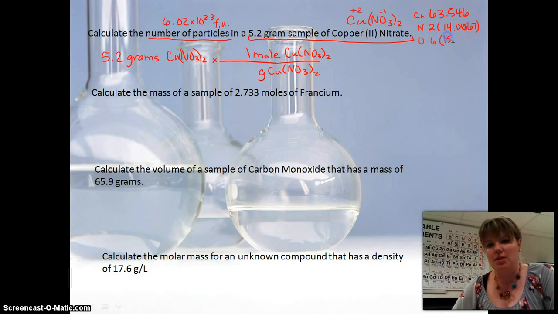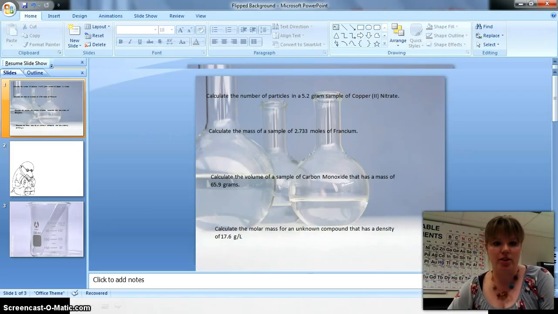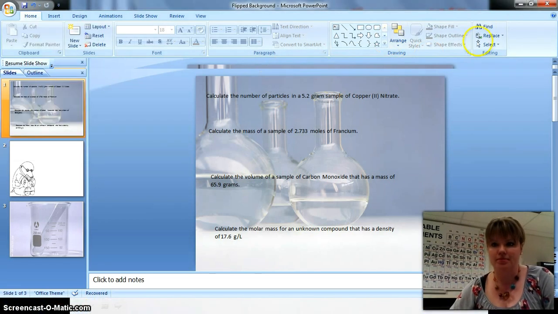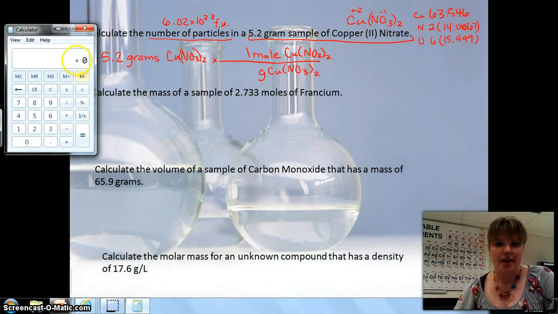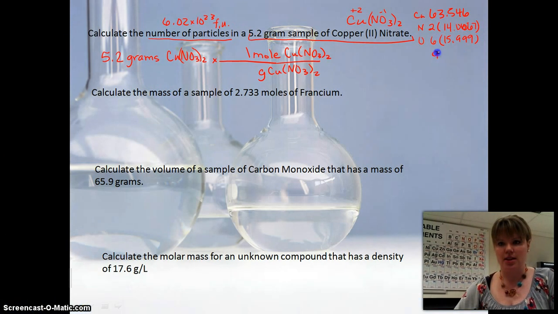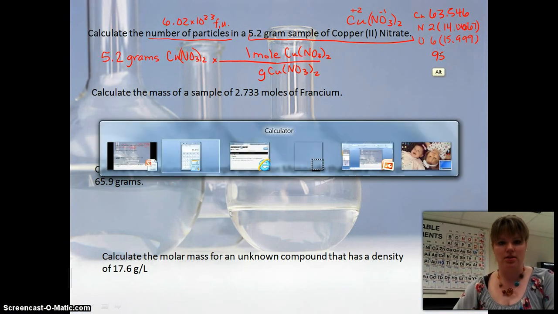So that would be 6 times 15.999. So let's go ahead and bring up our calculator. We have 6 times 15.999. It's going to give us 95.99.